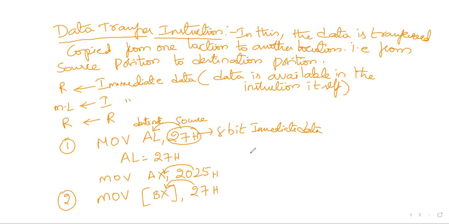Simply, the BX register contents act as the effective address. With this effective address, the physical address will be calculated.